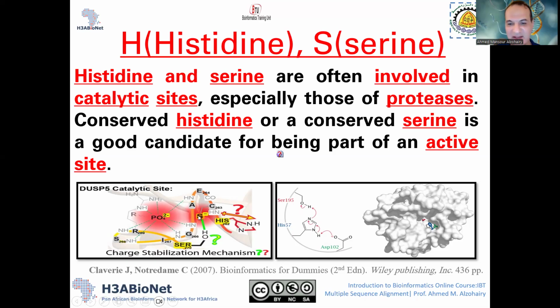So here is an active site here, or an active site here. That's why we are looking for histidine like this one, serine 195, or this histidine 57. These should be conserved among different species, or you can see them conserved in the multiple sequence alignment, because, as we said, they are usually part of the active site.